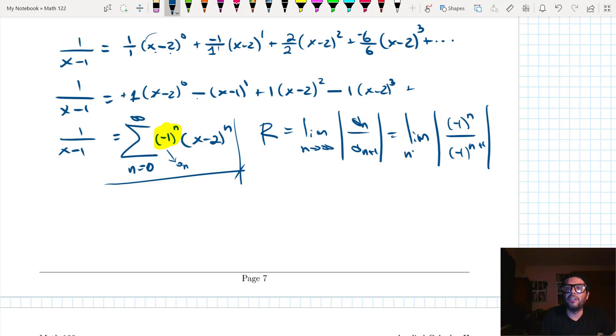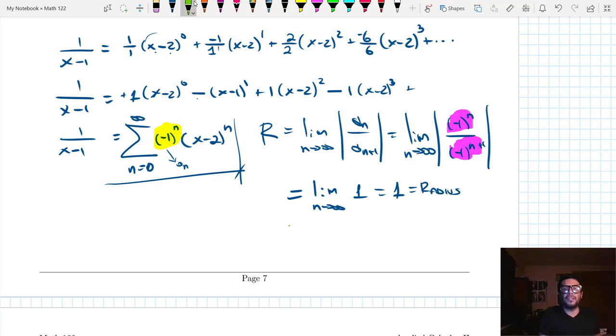Again, like we did in the previous examples, these are alternating factors that become pluses and minuses, but they are not going to matter because of the absolute value bars. We can get rid of the absolute value bars and ditch these two alternating factors. The limit as n approaches infinity of 1. What's the limit of 1? 1. So this is equal to the radius of convergence.